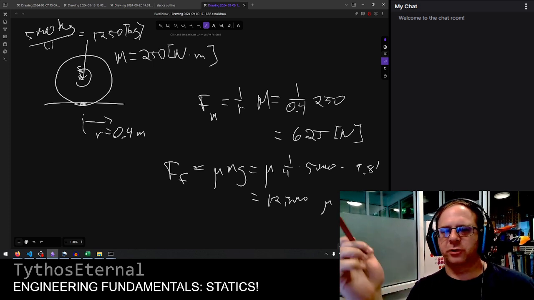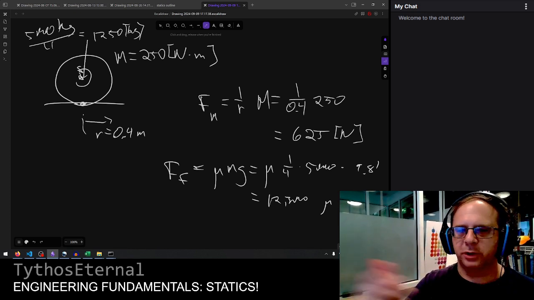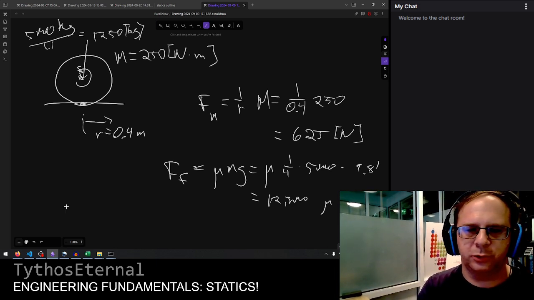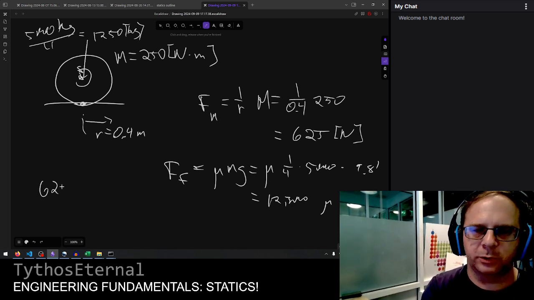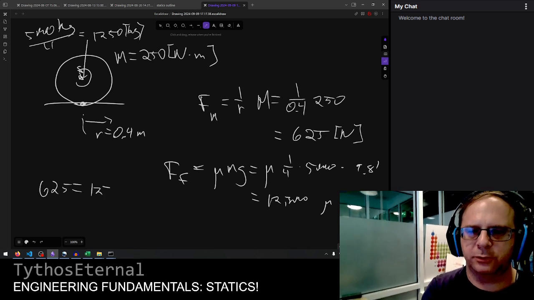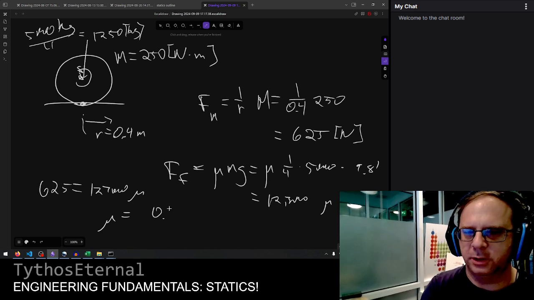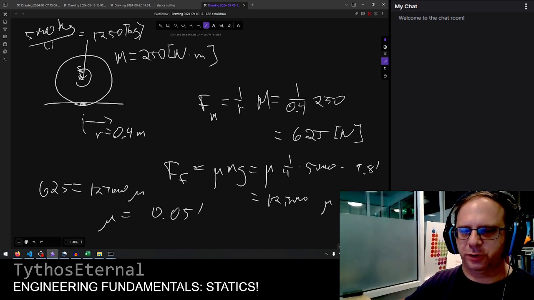If the slip condition is met, we know that the applied force is equal to the frictional resistance. And so we can set these two values equal to each other. 625 equals 12,300 mu, and say that mu is about 0.051. So we got some pretty slippery mud here.